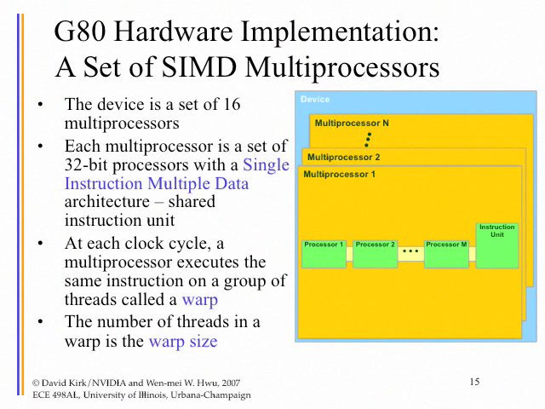At each clock cycle, a multiprocessor executes the same instruction on a group of threads called a warp. That's pretty much what I said. The number of threads in a warp is the warp size, and the current generation uses 32. It may even go down to 1 in the future. When that happens, you essentially will not have SIMD overhead when you have control flow.